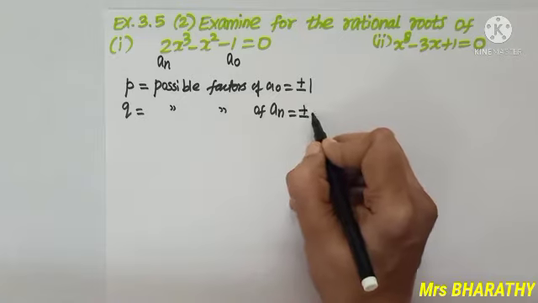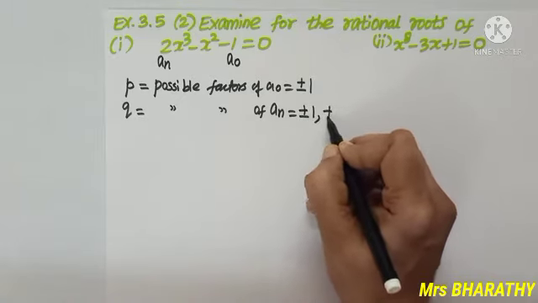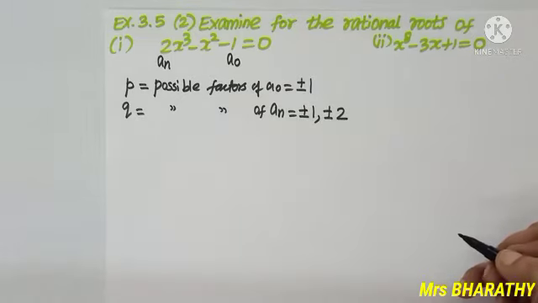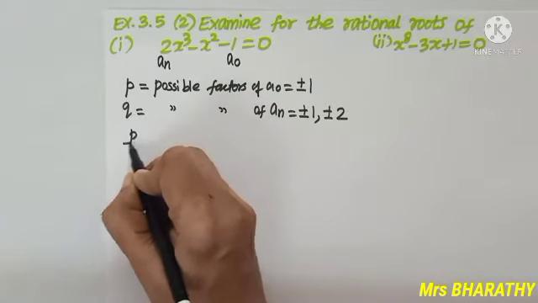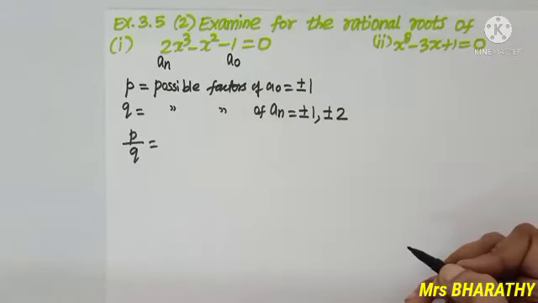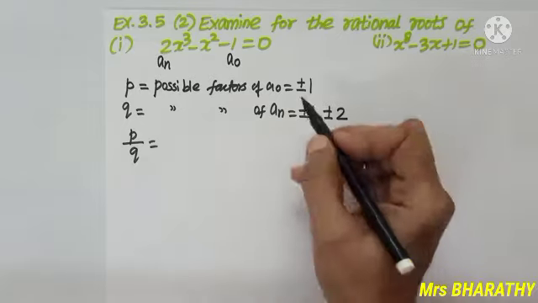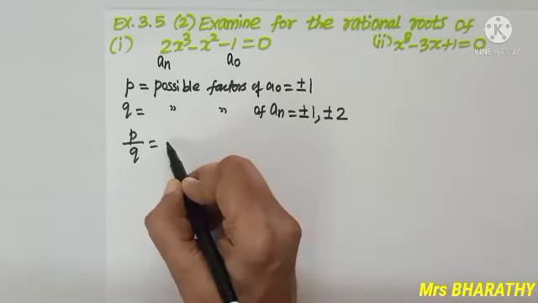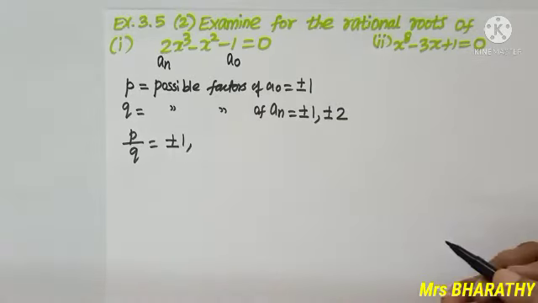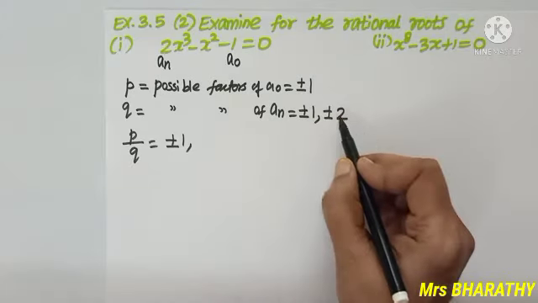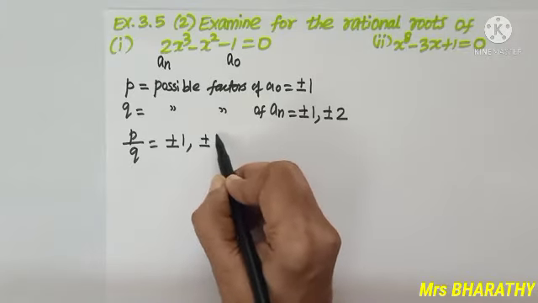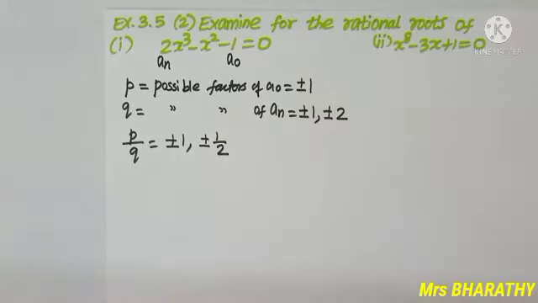Again, it could be ±1 or ±2. Now what we need to find out is P by Q. What is P by Q? 1 by 1, so it could be ±1, or 1 by 2, so it could be ±1 by 2.